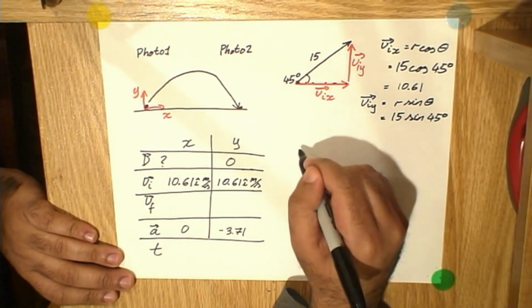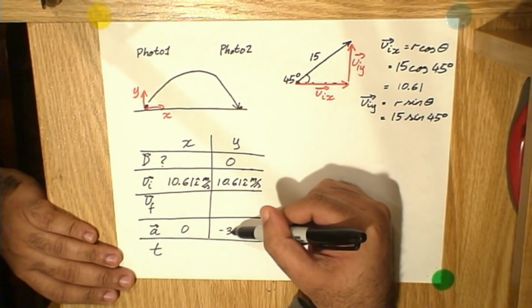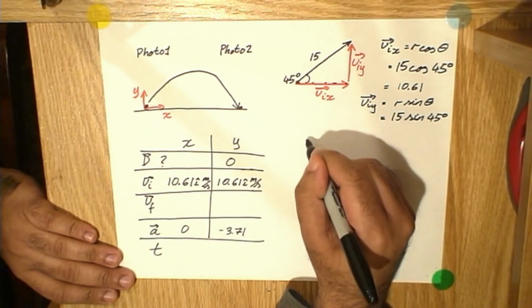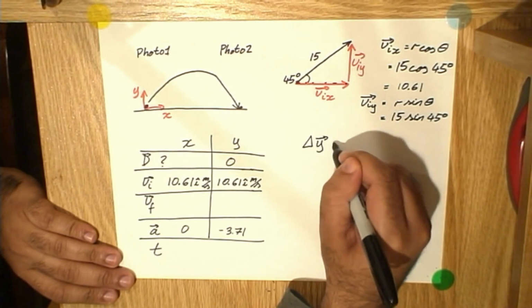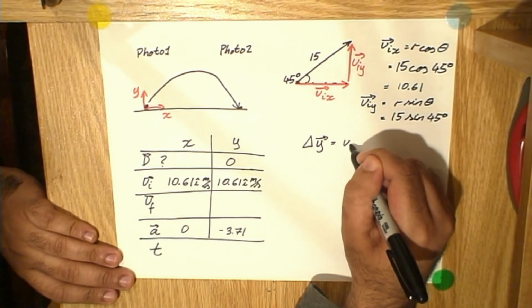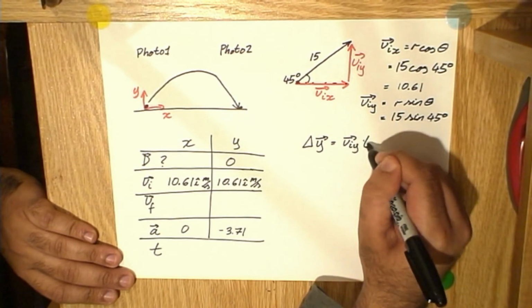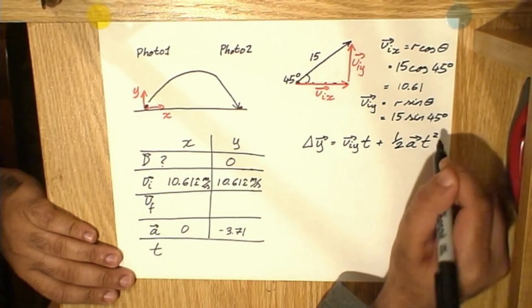To solve for the time, we have displacement, we have initial velocity, we have acceleration, we're looking for time. There's only one equation that weaves all four of those together, and that is toolbox equation number 2. Delta y is equal to v initial y times t plus 1/2 acceleration times t squared.